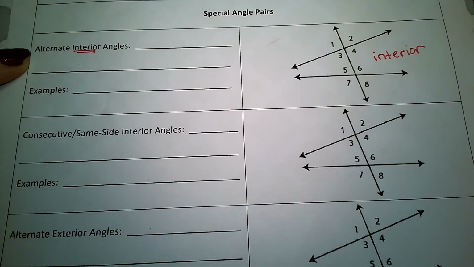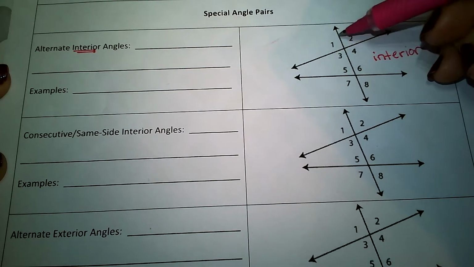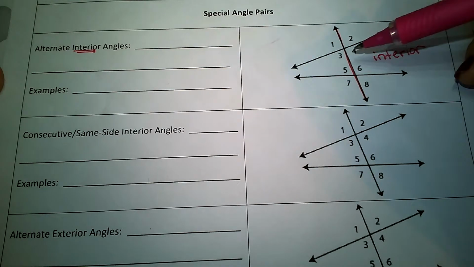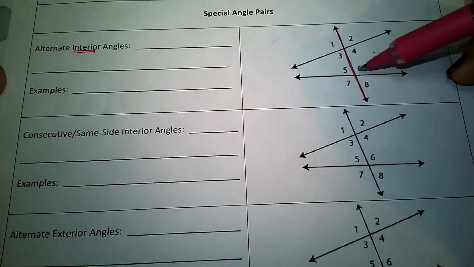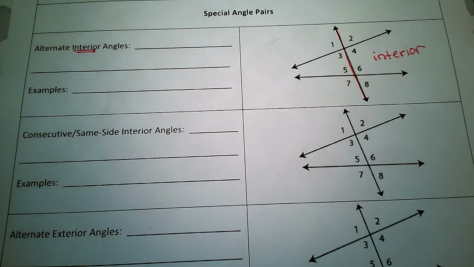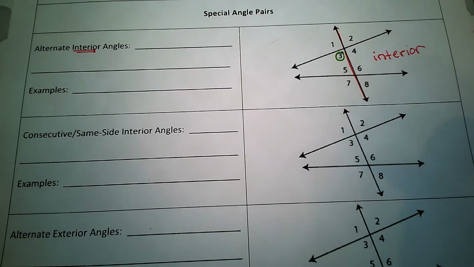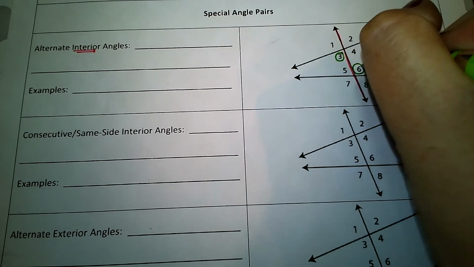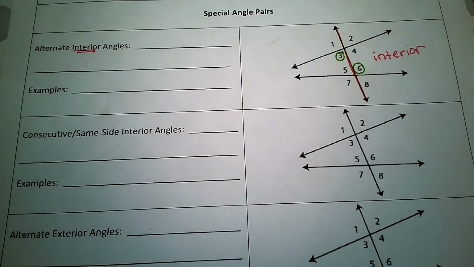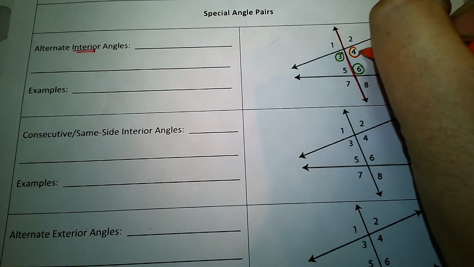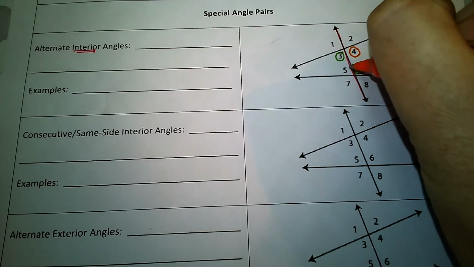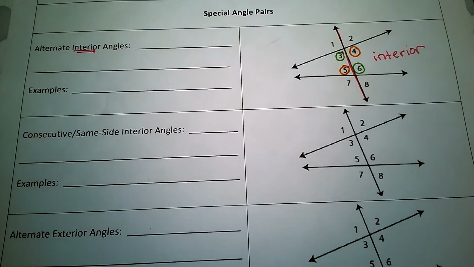or to alternate, means to go back and forth. So we've got our transversal line going straight down the middle, and out of these interior angles inside here, to alternate means to go across the line. So I could use angle 3, and on the alternate side of the transversal is angle 6. I also could identify angle 4 as an interior, and its alternate pair would be angle 5.